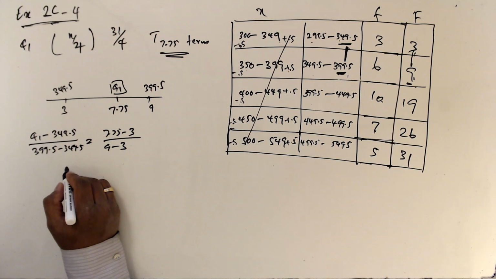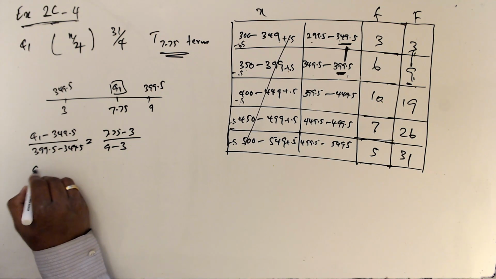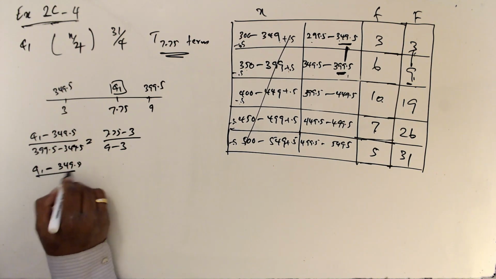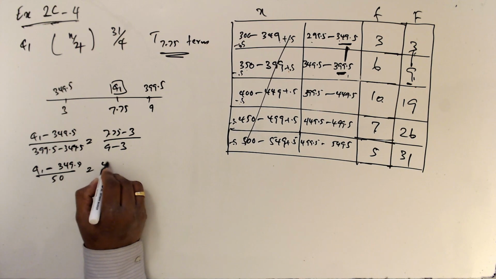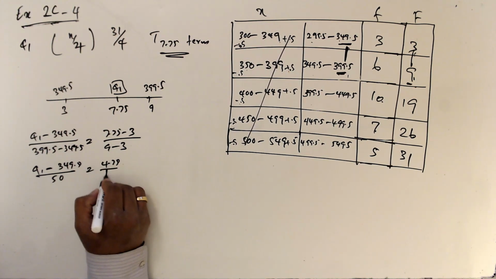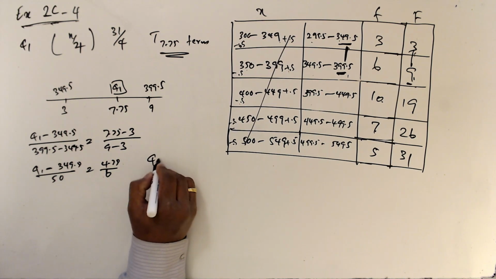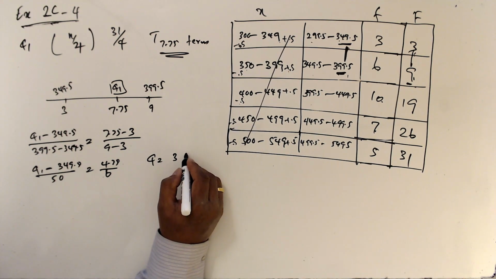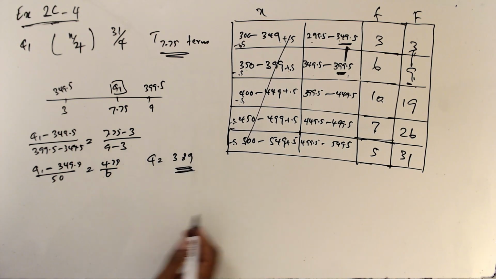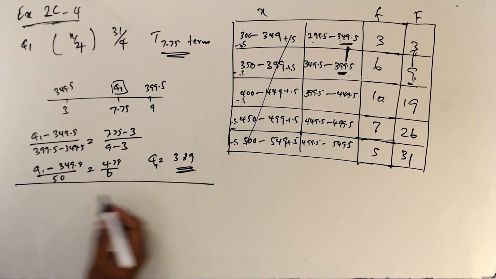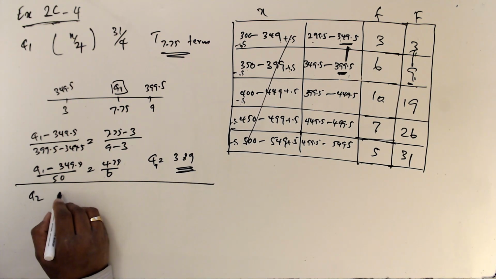Then it is going to be Q1 minus 349.5 over 50 equals 4.75 over 6. So you will get Q1 as 389 as the final answer when you simplify this. And then Q2, which is the median.